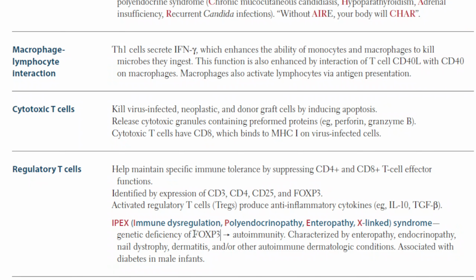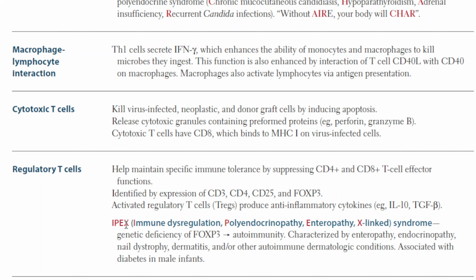Genetic deficiency of FOXP3, this one here. If you have a genetic deficiency of FOXP3, you're going to have autoimmunity that is characterized by enteropathy, endocrinopathy, nail dystrophy, dermatitis, and or other autoimmune dermatologic conditions, and it is associated with diabetes and male infants.